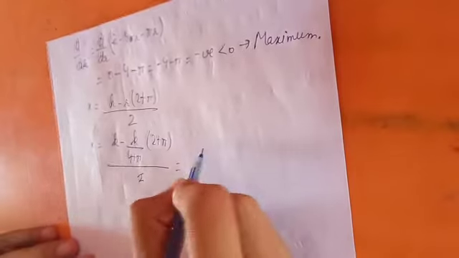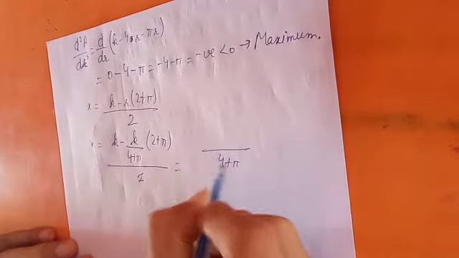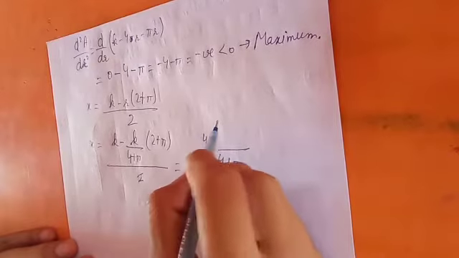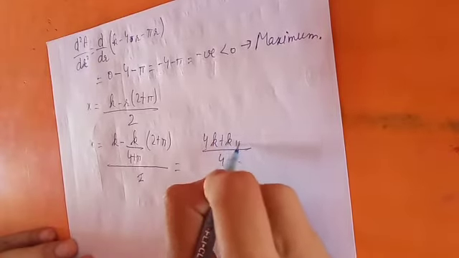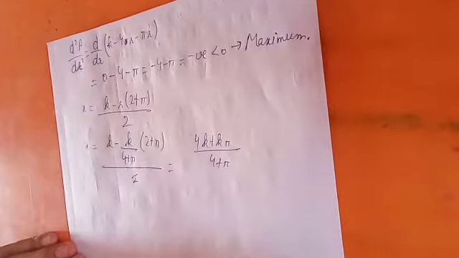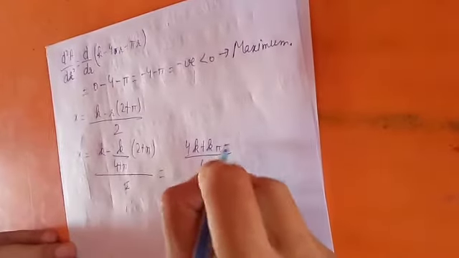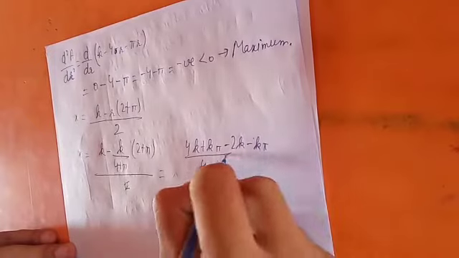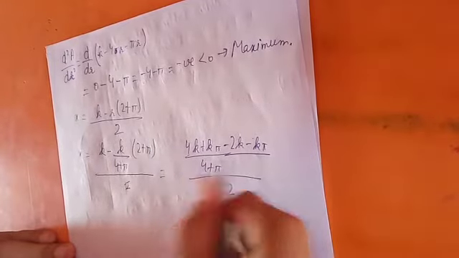First we take the LCM in the numerator, that will be (4 plus pi): 4k plus k pi minus 2k minus k pi, whole divided by 2.